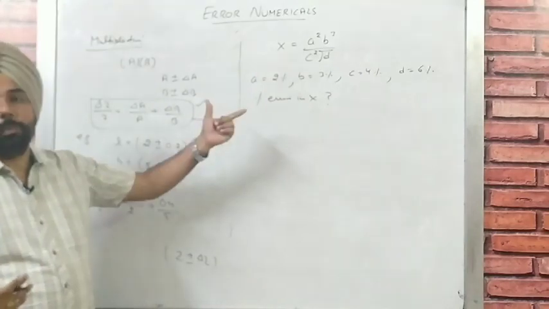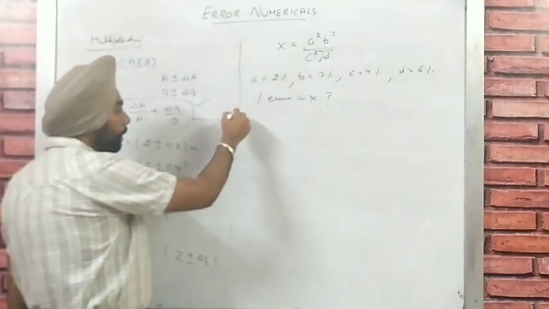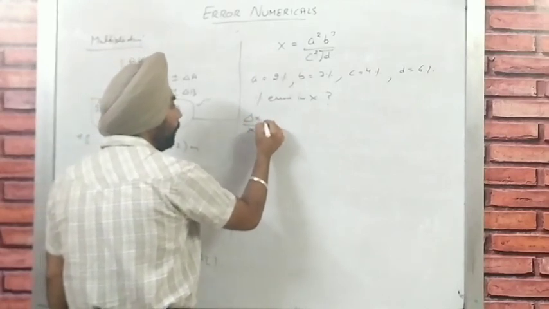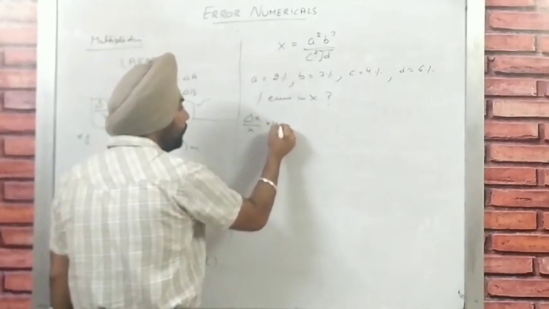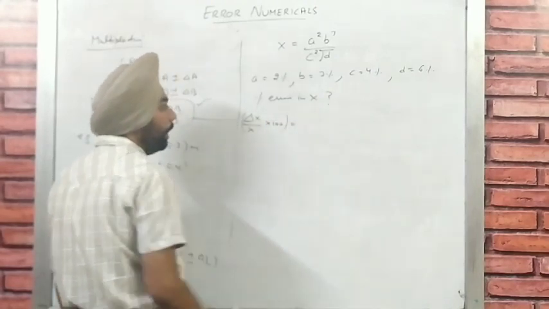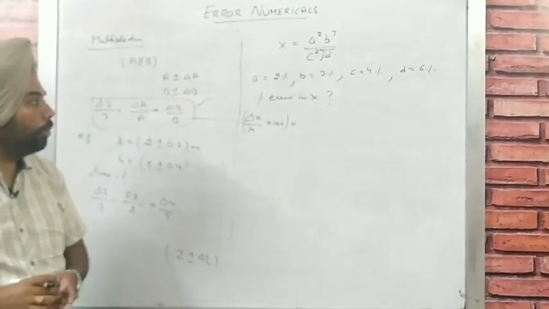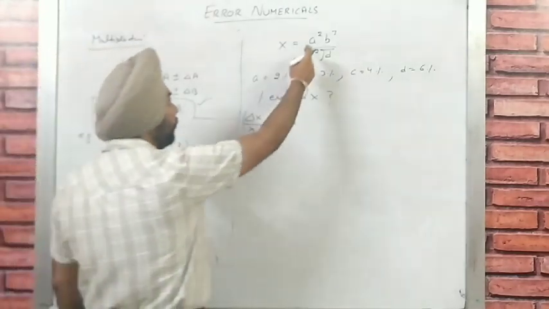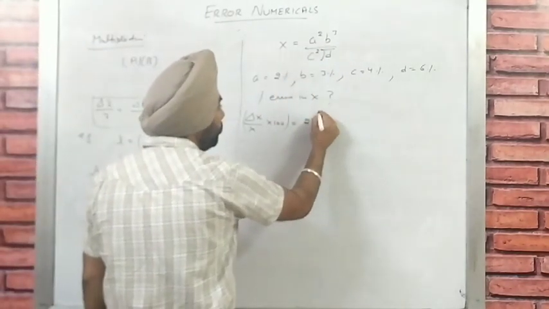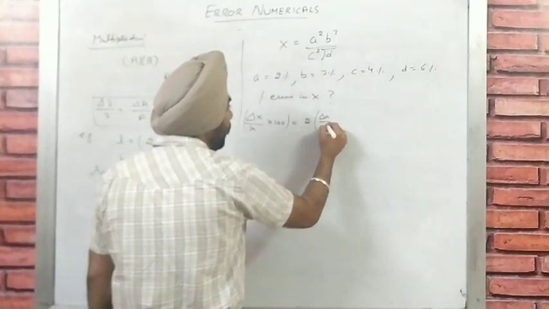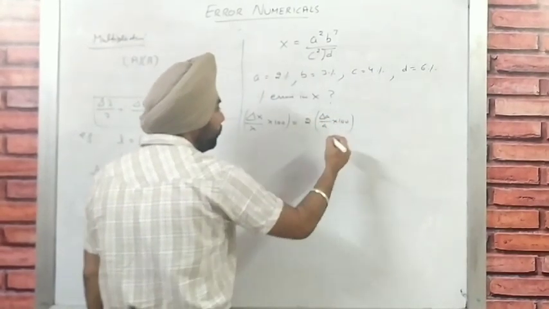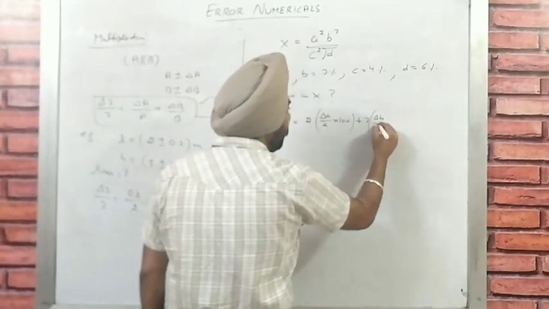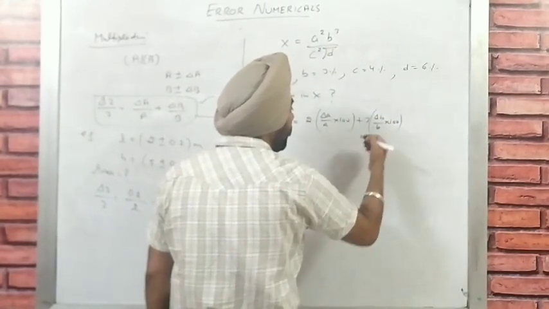So we are going to apply the same pattern here. So this is going to be delta x upon x, now multiplied with 100. You know why 100? Because percentage error is going to be a relative error multiplied by 100. So now here a square, which means 2 delta a upon a into 100 plus, because cube here, 3 delta b upon b multiplied by 100.